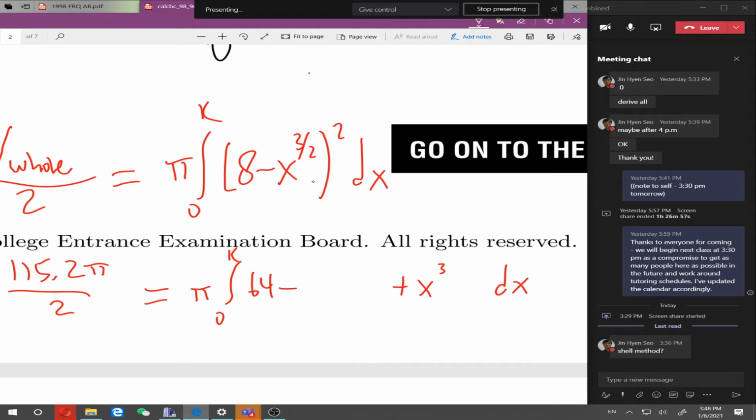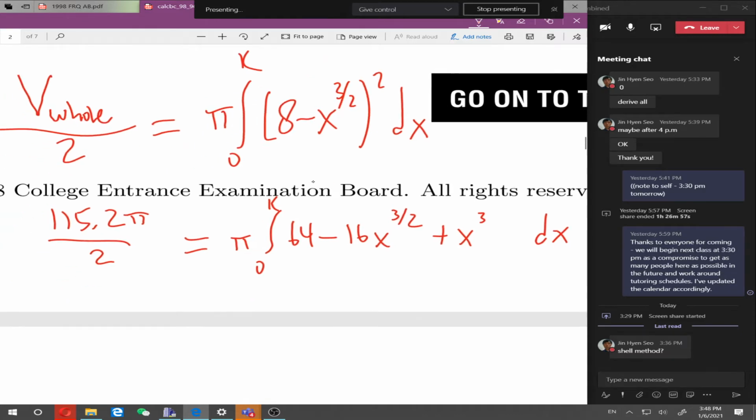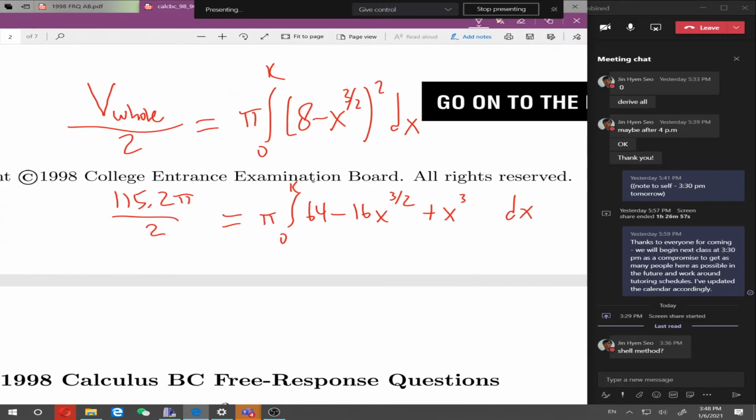Oh, wait, so it's negative. So is it minus 16x to the 3 over 2? It is, so minus 16x to the 3 halves power. And then we're going to integrate, so we're going to add 1 to each of these powers, divide by the new power. We'll plug in our upper bound minus lower bound and see what happens.